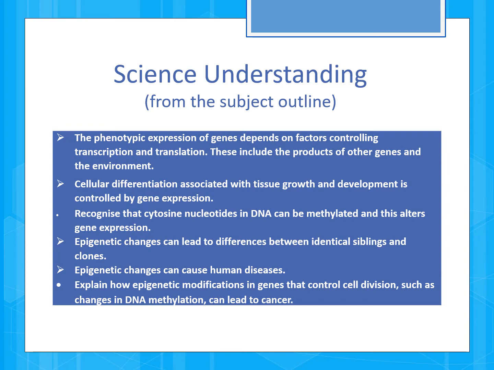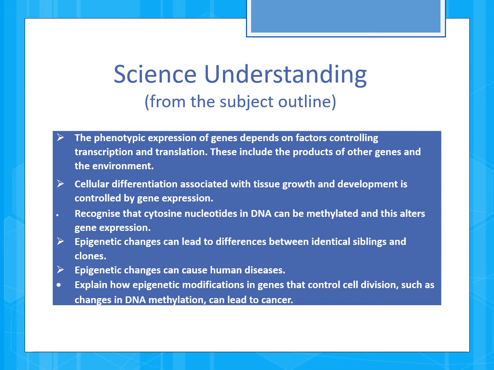Whereas if we look at the DNA methylation, you can see that it says here in this dot point, recognize that cytosine nucleotides in DNA can be methylated and this alters gene expression. And you have to explain how epigenetic modifications in genes that control cell division, such as changes in DNA methylation, can lead to cancer.